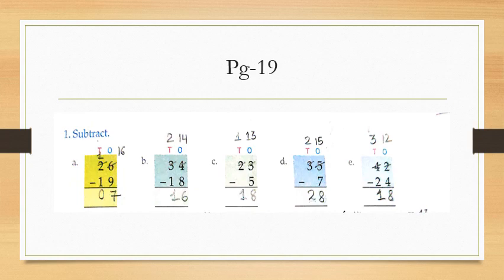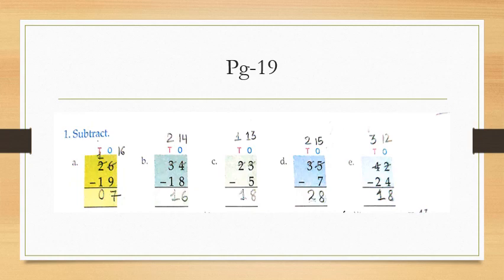So 4 will become 14. Now 14 minus 8 is 6. Now at tens place 2 is left. Now 2 minus 1 is 1. So under tens column write 1. Your answer will be 16.